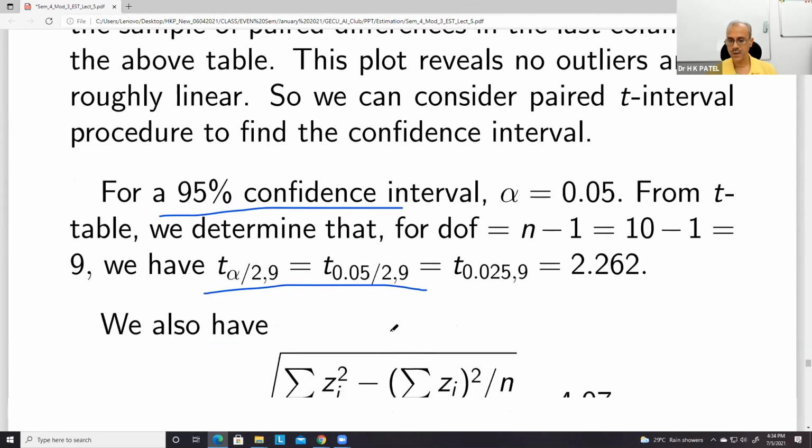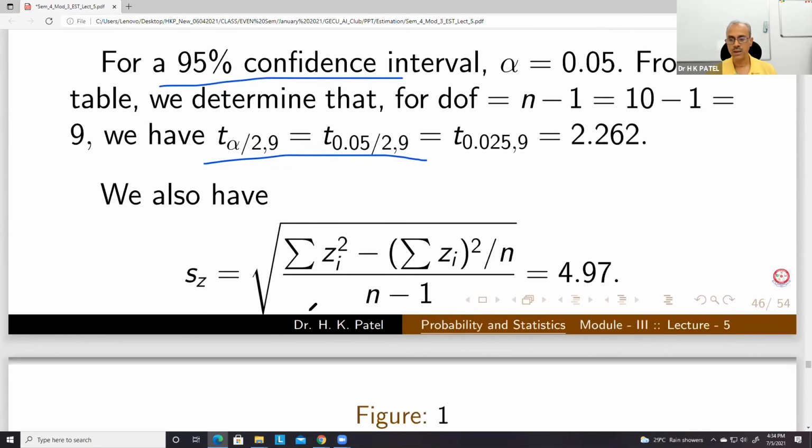And this is S_Z. This we also have to determine. This is the standard deviation of Z1, Z2, ..., Z10.